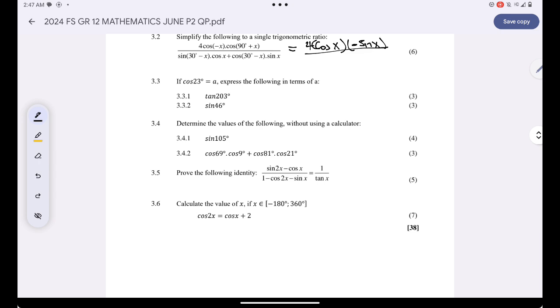This thing is like an expanded version of the compound angle for sine. I have sine and cos, cos and sine. You can see that the first angles are the same, the second angles are the same.